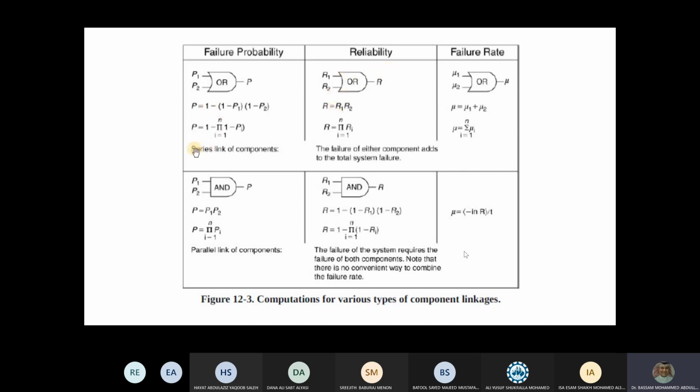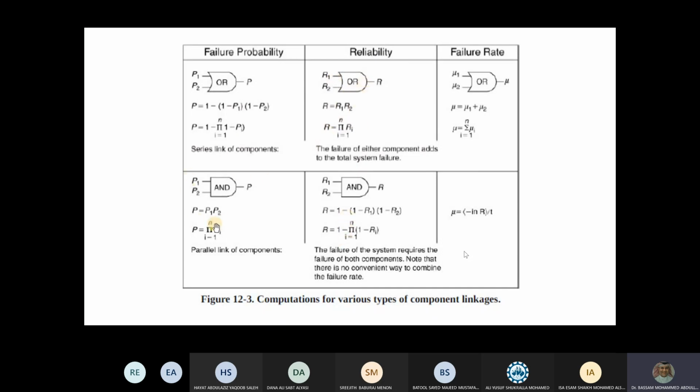If things are in series, you see here it's written, you're going to multiply them. If talking about reliability, you multiply them. And of course, this equation depends on that.